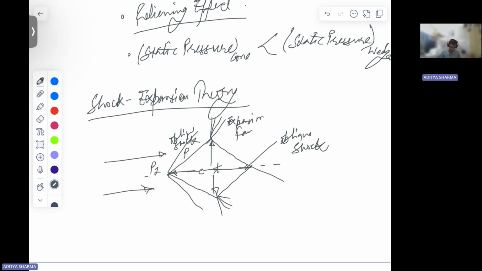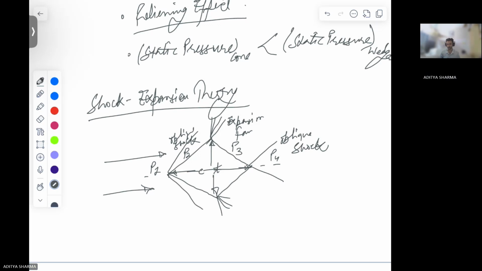So P1, P2, P3, P4, something like this. So oblique shock is going to increase your static pressure, and then expansion fan is going to decrease your pressure. We have seen in expansion fans discussion what happens to your static properties.